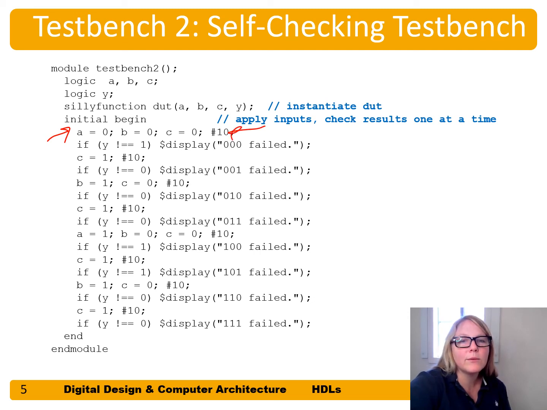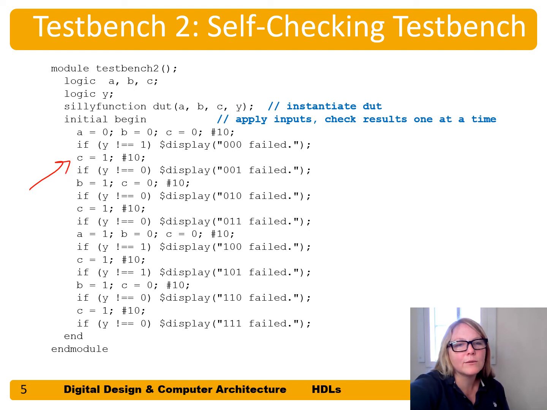We say, oh, for this one, because of our function, Y should be 1. So if it's not equal to 1, display this on the simulation monitor, on the text output of the simulation. So display, hey, the 0, 0, 0 input combination failed, and we make C 1, so now 0, 0, 1. Y should be 0 in this case, so if it isn't, then print that this failed.